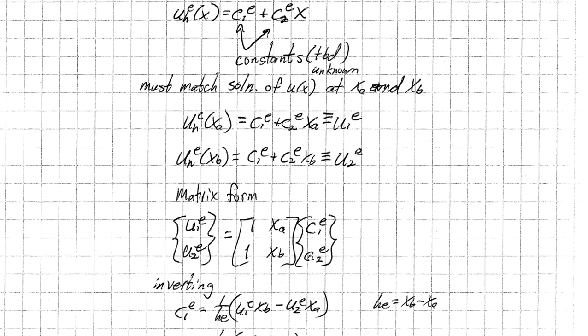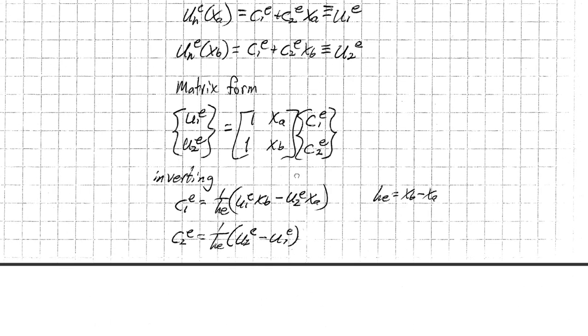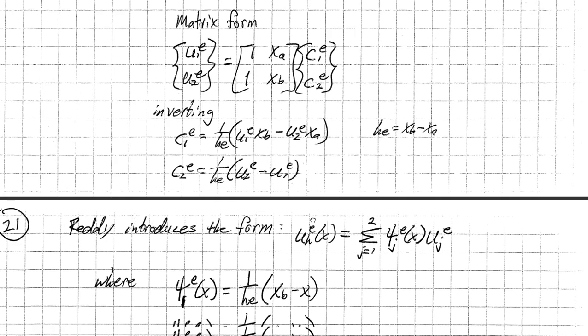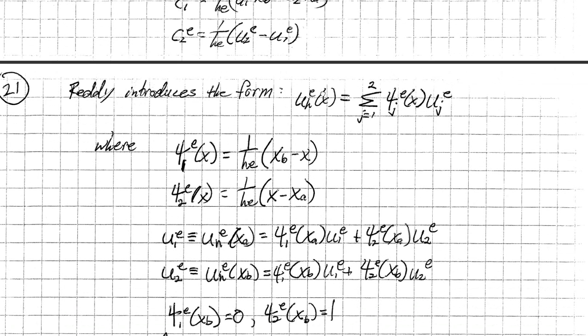Okay, so you want to solve for these, and you can invert this, and what's left is C1 and C2 as a function of the length, the nodal solutions U, and your coordinates XA and XB. So in Reddy's book, he introduces this notation.